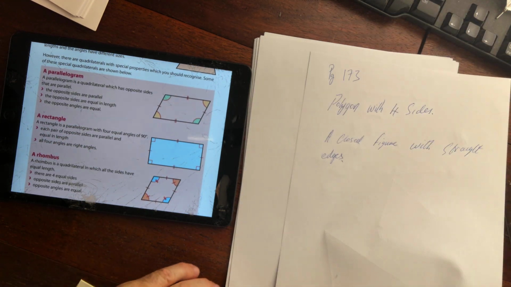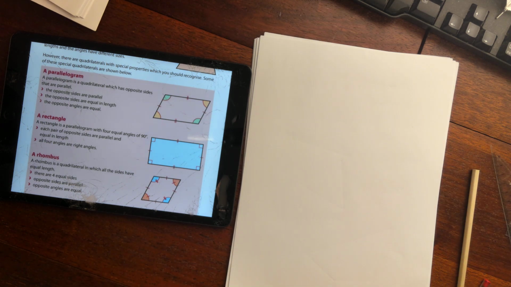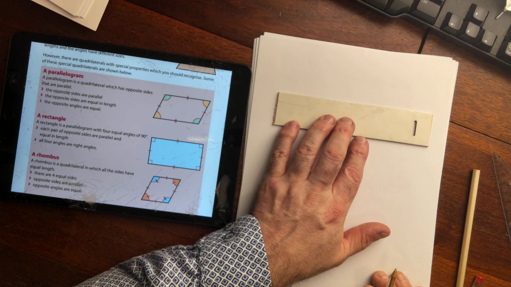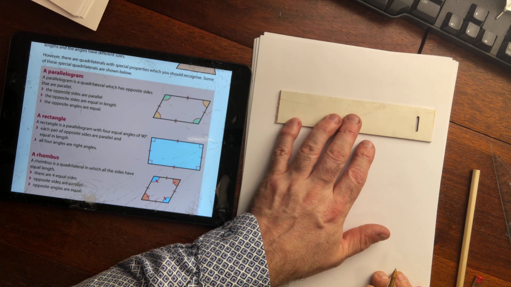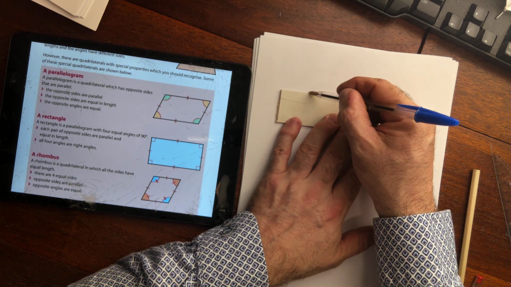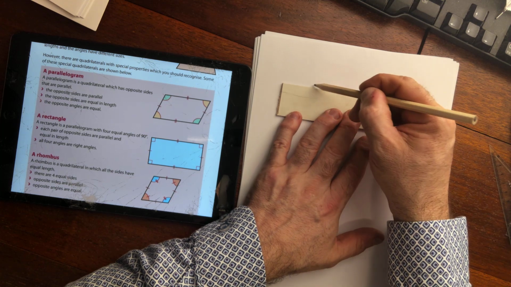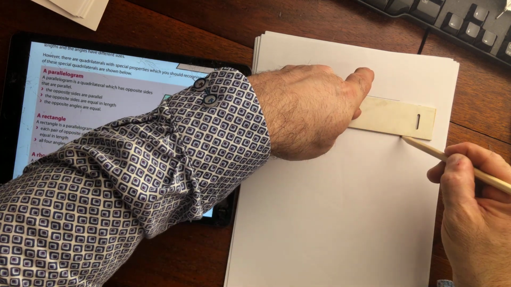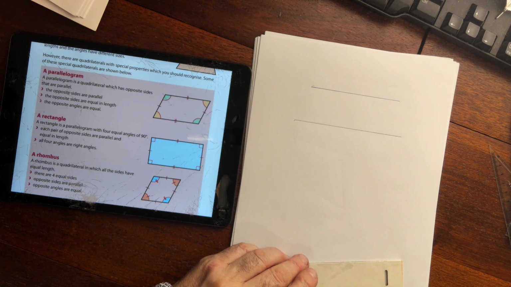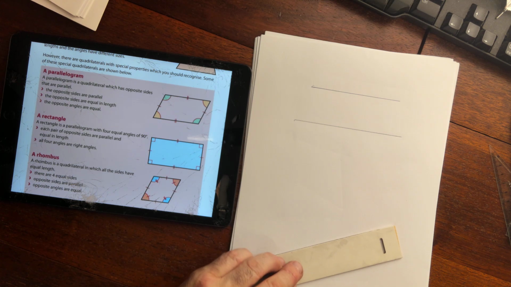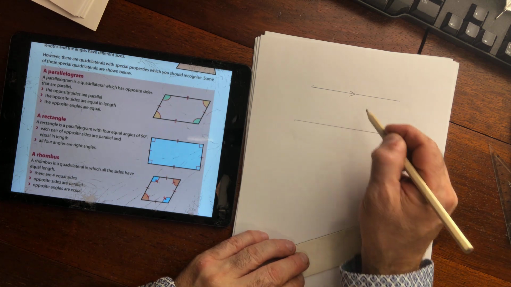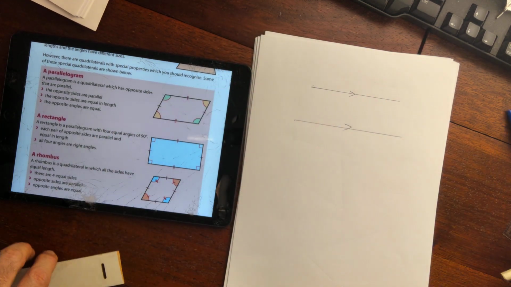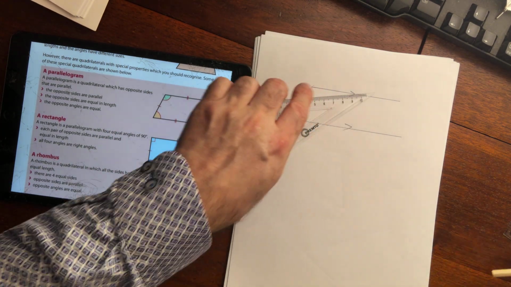And while there are several ways to define a parallelogram, one way of saying it is that it has a pair of opposite sides that are parallel.